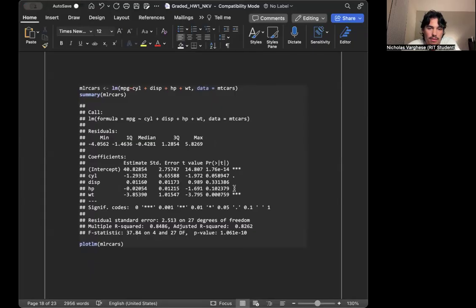Here we have a p-value of less than 0.05, which is statistically significant, which makes the whole model statistically significant. And also here, out of all the explanatory variables, the weight is the only one that is statistically significant.